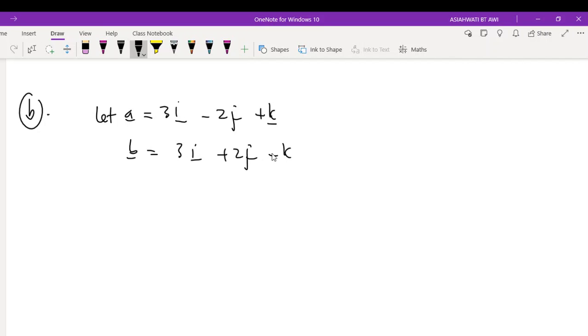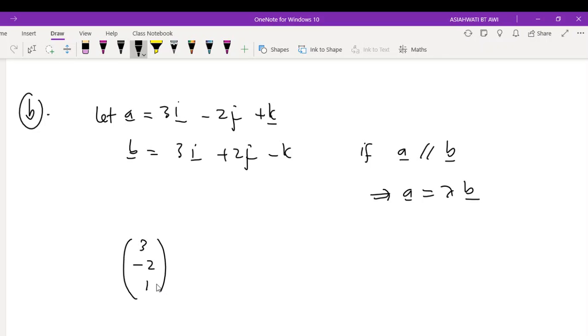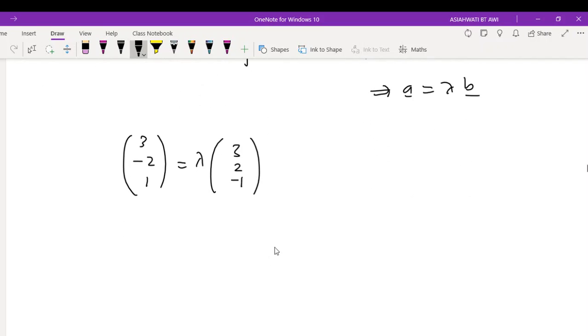If vector A is parallel to vector B, this can be written as vector A is equal to lambda vector B. Then write vector A, (3, negative 2, 1), in matrix form, equal to lambda times (3, 2, negative 1). We are going to find lambda.